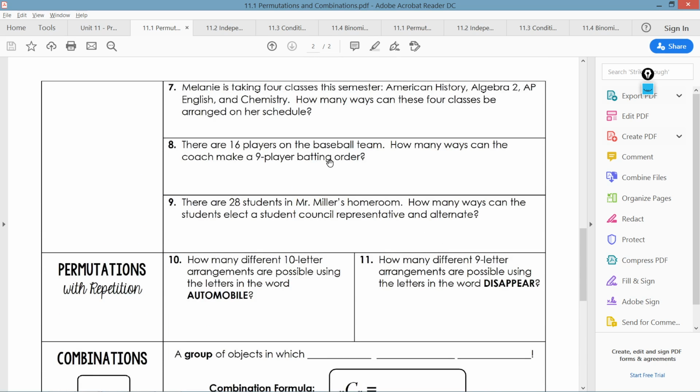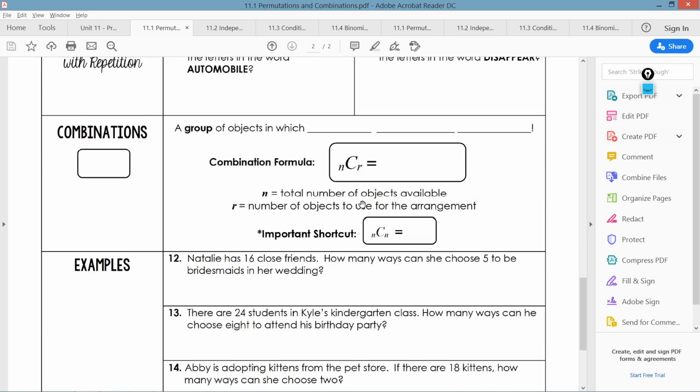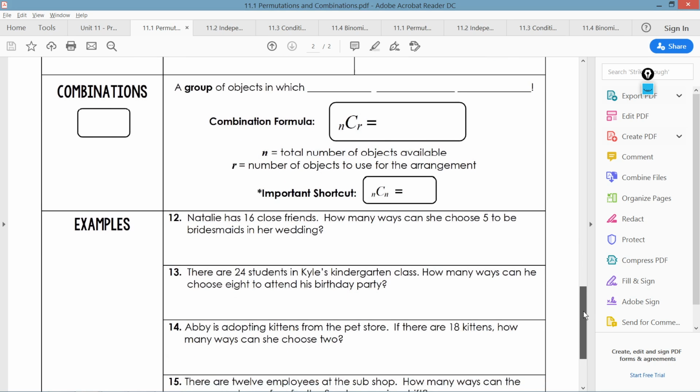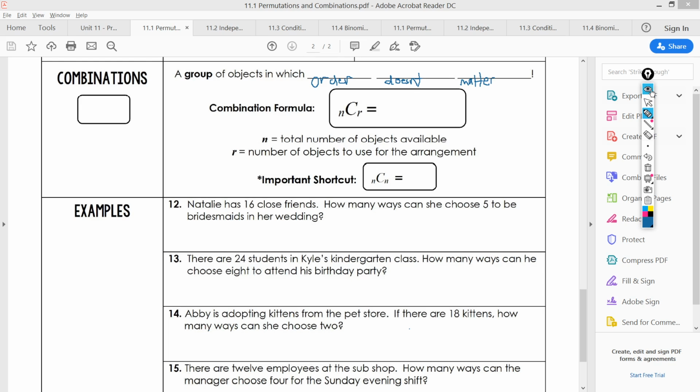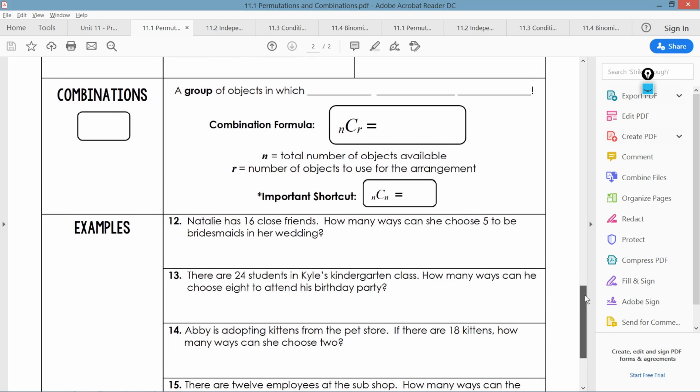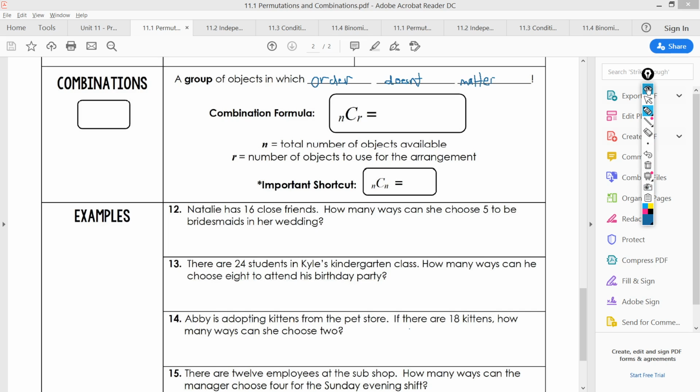There's a big difference, though. In the baseball team, it says batting order. So that means it matters if I put Melanie before Fred or Fred before Melanie, because I want to know who's first batter. This question right here, it doesn't matter.